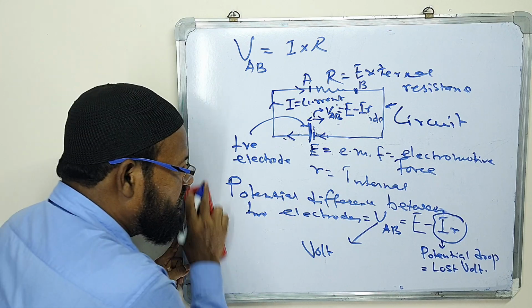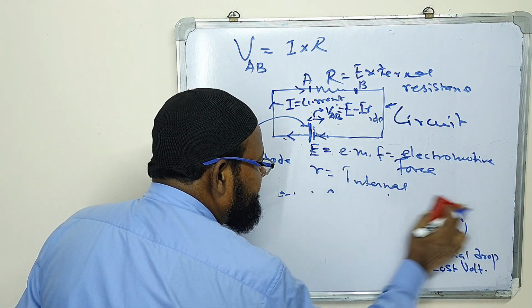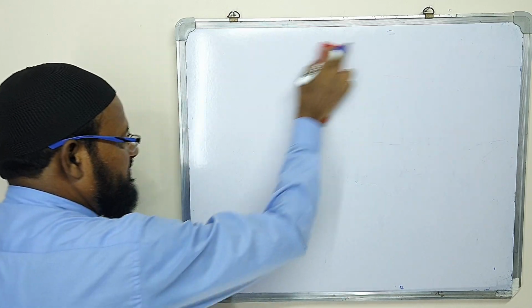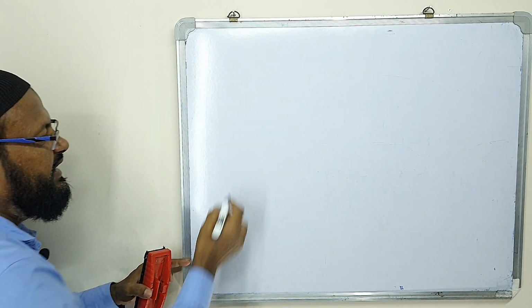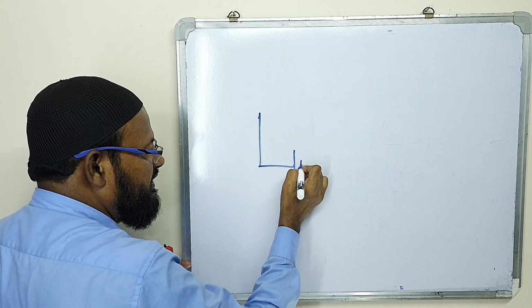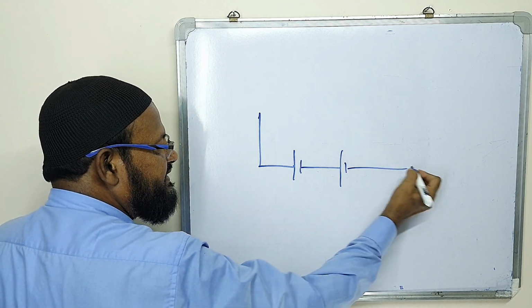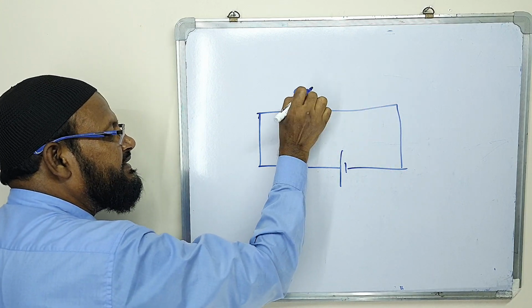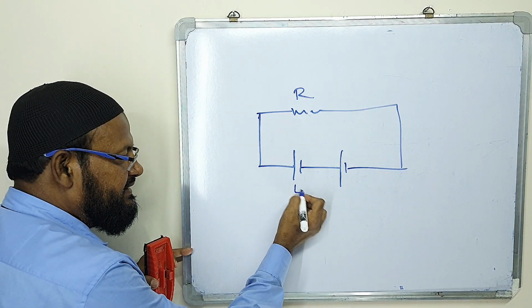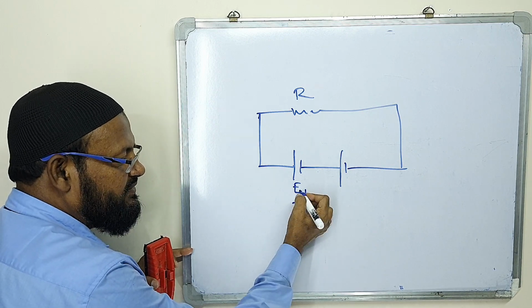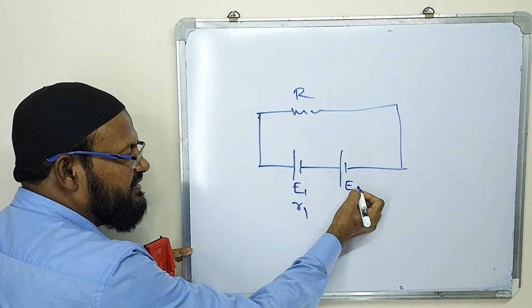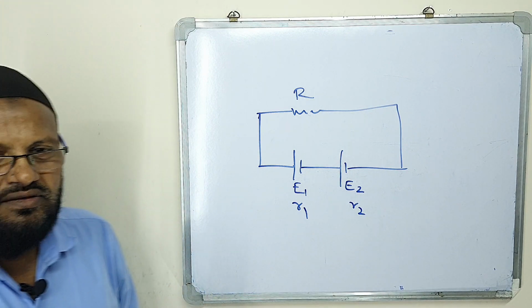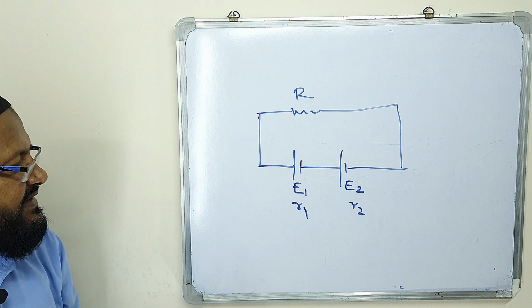Now, see here. Suppose here is one cell, and this is another cell. They are connected by an external resistance. This is EMF E1 with internal resistance R1, this is E2 with R2. Here, please see, two cells.